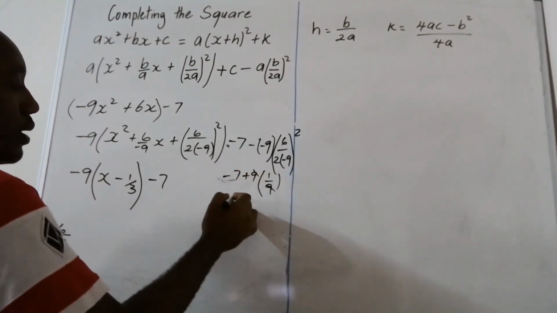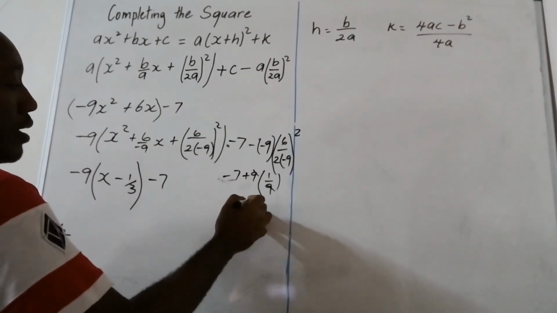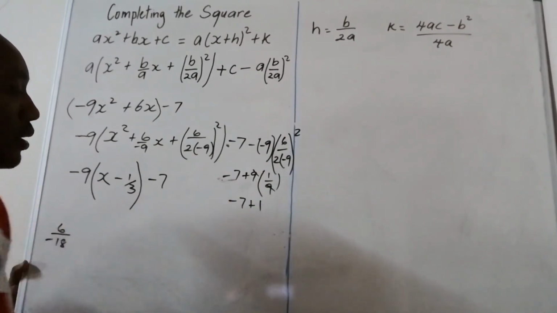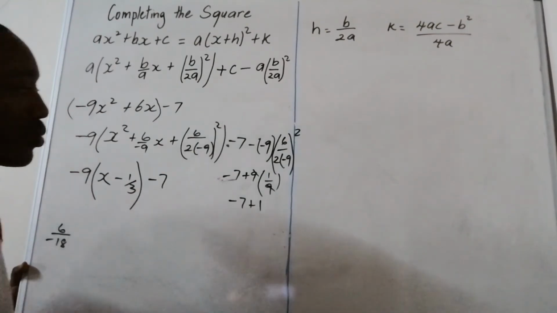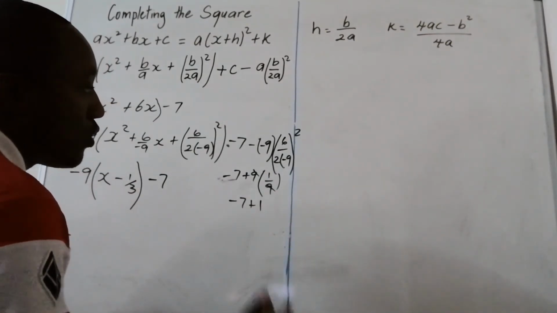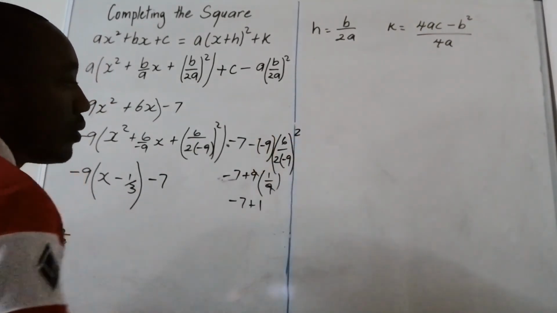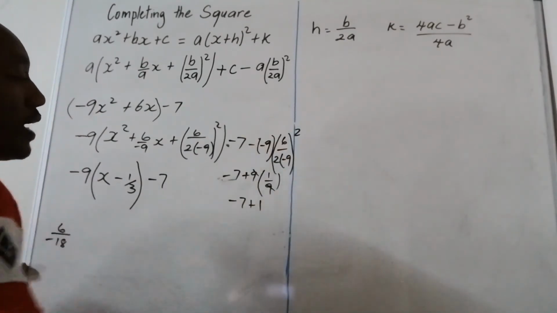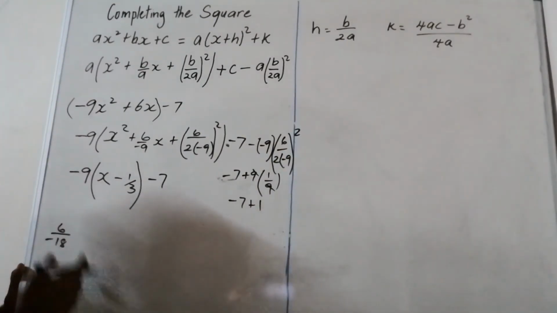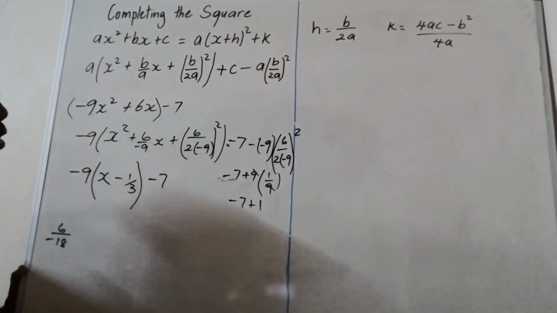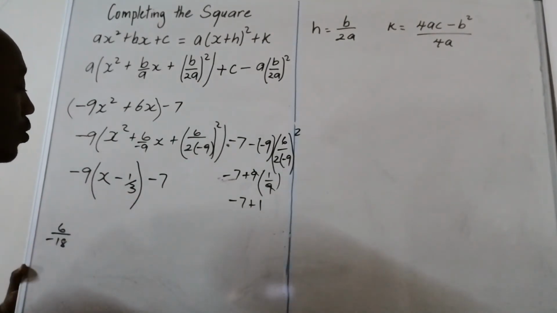Reducing that, we will have minus 7 plus 1. So remember, in here will give us 6 over minus 18, we reduce that and we'll get negative 1/3.